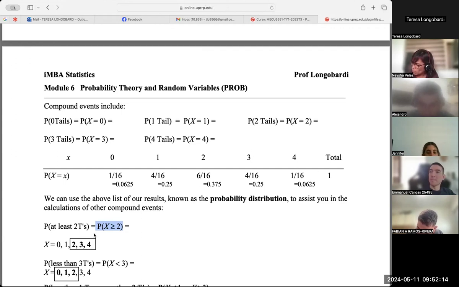You have to collect everything greater than or equal to 2 and sum them. You get 6 out of 16, 4 out of 16, 1 out of 16. Thank you, Damaris. Exactly. And Juliet has it right: 11 out of 16. So you sum. It's a different procedure, but the same idea with the symbols greater, less, and now we have to be careful with the equals because the equals matters now.